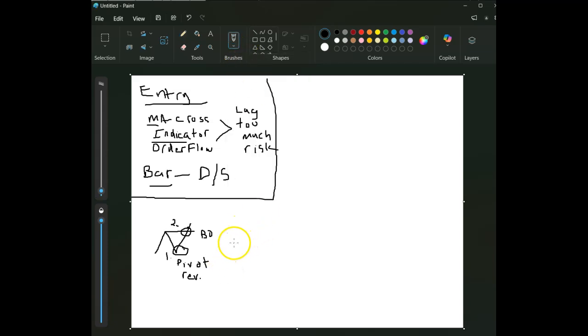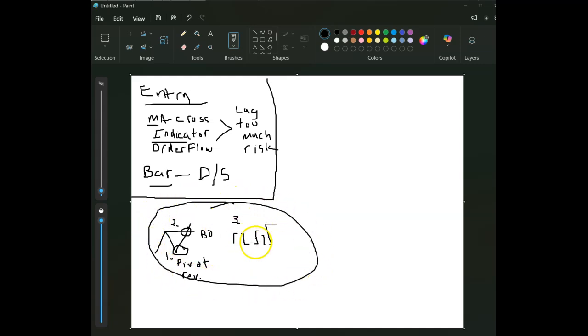So when you have a consolidation, meaning you have a red bar, a green bar, red bar, green bar, and then you have a big red bar, a big green bar. So 1, the pivot reversal, 2, the breakouts or breakdowns, and 3, consolidations. Usually in these 3 scenarios, you have a bigger bar. That bigger bar is an expression of demand or supply.